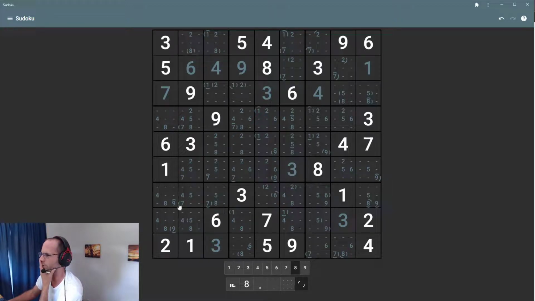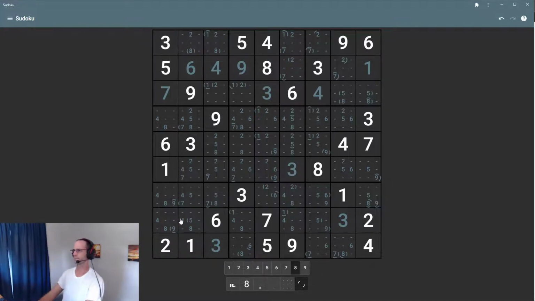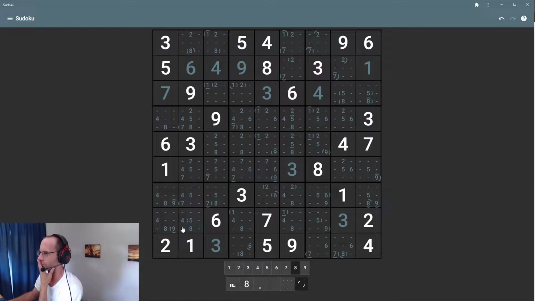Which links up with the... that can't be an 8, so we have these 3 8s to figure out here. So we have, yeah, the only thing we've been able to eliminate: we got rid of these 4s, and we got rid of that 8.